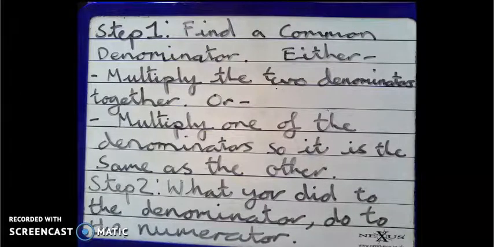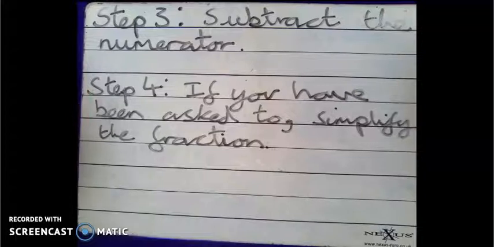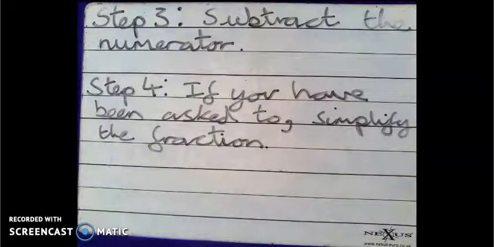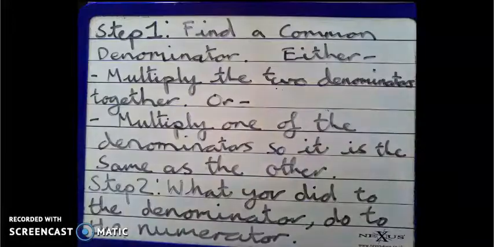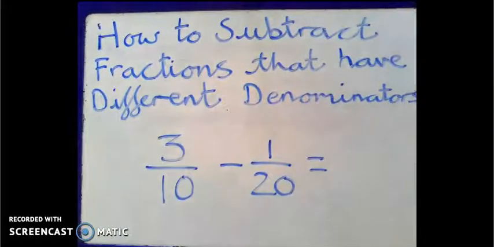After that, you need to make sure that whatever you've done to the denominator, you do to the numerator. You can now subtract the numerator. If you've been asked to, you can simplify the fraction at that point. That's how you subtract fractions that have different denominators.